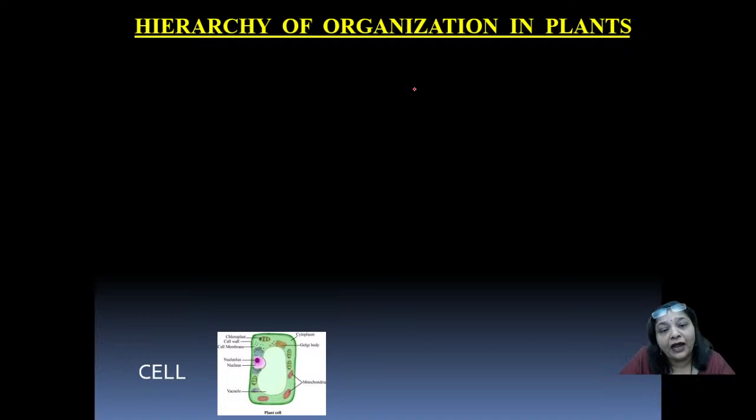Right, so plant cells differ from animal cells in certain ways. Basically, let me tell you, the plant cell shows the presence of a cell wall outside the plasma membrane or the cell membrane. Whereas they also contain the vacuoles, which play a very important role in the plant cell and its functions.